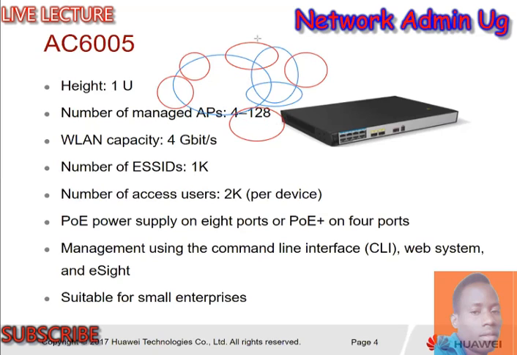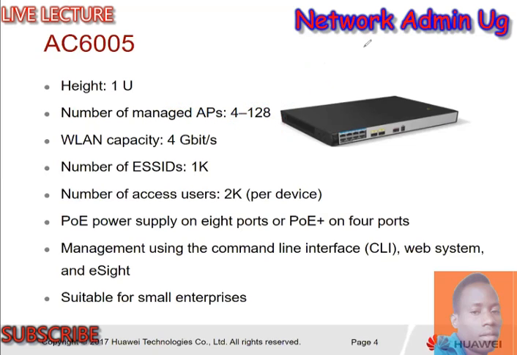This is what we call the ESID. These areas here are the extended service IDs. So it can support up to 1,000 of these areas if you are connecting various areas using access points, for you to extend your network connectivity.